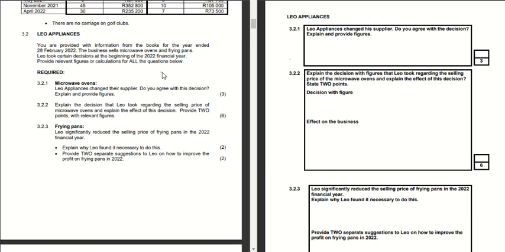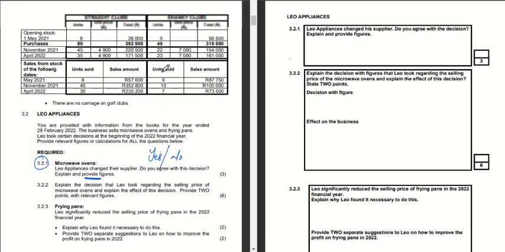Then it says, Leo Appliances changed their supplier. Do you agree with this decision? Explain and provide figures. When you're faced with such a question, it wants an answer which is either a yes or a no. But before you can decide, you need to have reasons, and this must be supported by figures.